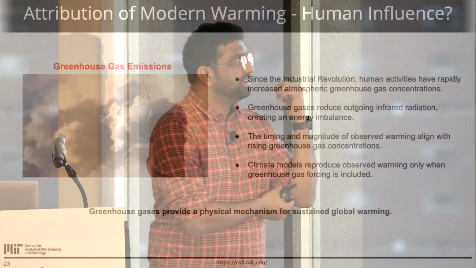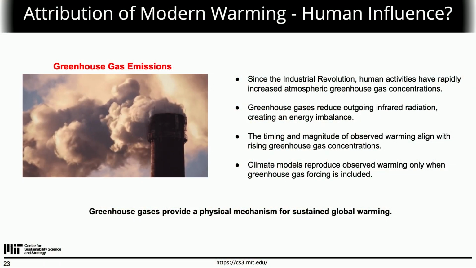Now let's look at human influence, like greenhouse gases. Since the Industrial Revolution, human activities like fossil fuel burning, cement production, or deforestation have increased atmospheric greenhouse gas concentrations. These greenhouse gases reduce the infrared radiation going out, and they create an energy imbalance.